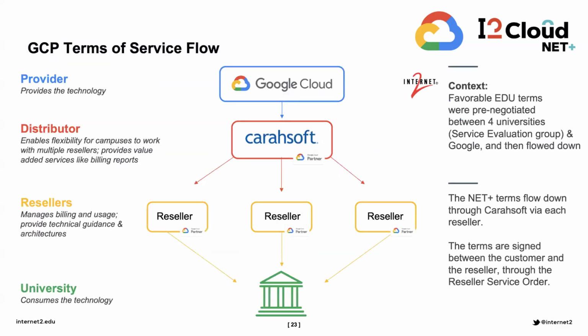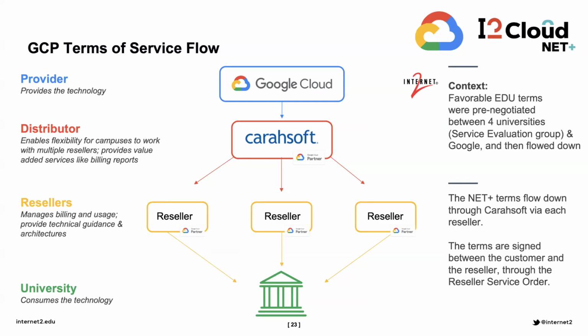To give you an idea of what I mean here, Google and Carahsoft work together to provide that sole contract, and there are multiple resellers that can provide for different institutions. So there are, I believe, currently 7 or 8 resellers on the program. If you have a favorite reseller, you can introduce them to the good folks at Carahsoft and get them added on the program. And so you can bring your own.